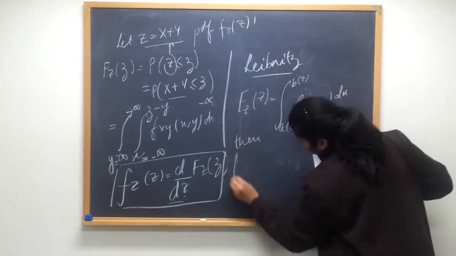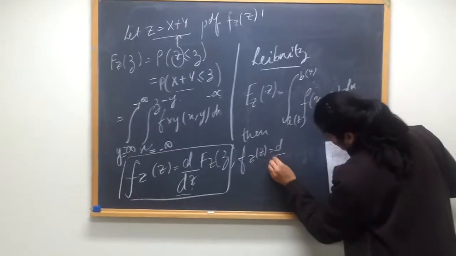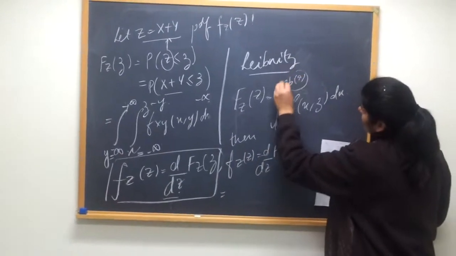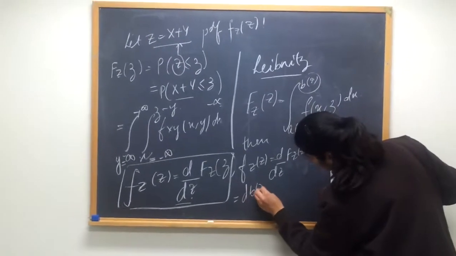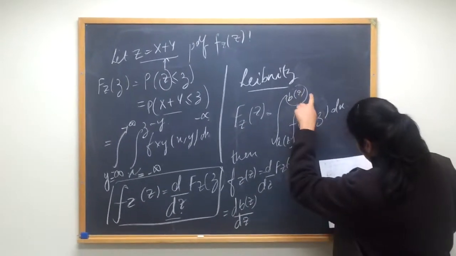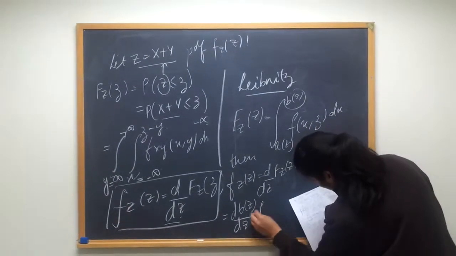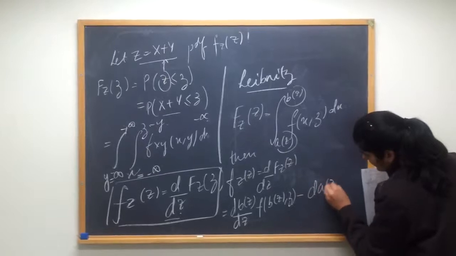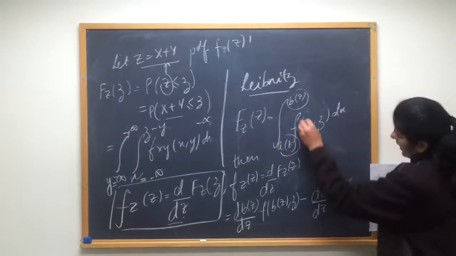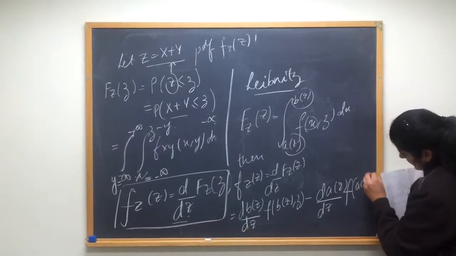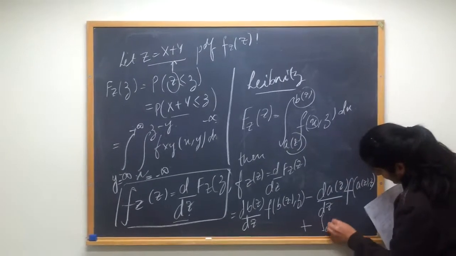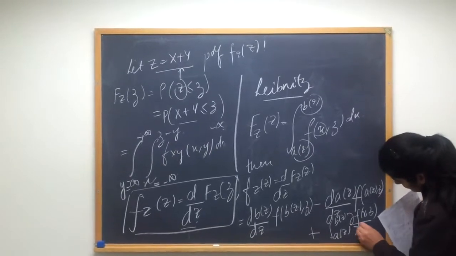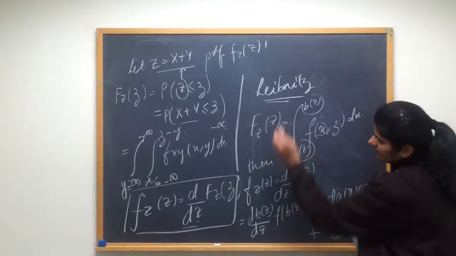Then the derivative d/dz of F_Z(z) will be equal to: we take the derivative of the upper limit first, so it would be db(z)/dz, and we put this limit into x, so it will be f(b(z), z), minus the derivative of the lower limit, da(z)/dz, and we put this limit in x, so it would be f(a(z), z), plus the integral from a(z) to b(z) of the partial derivative of f(x, z) with respect to z dx. Using this rule, we'll now find this.